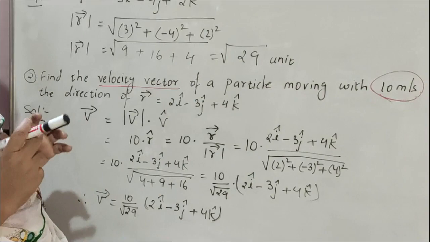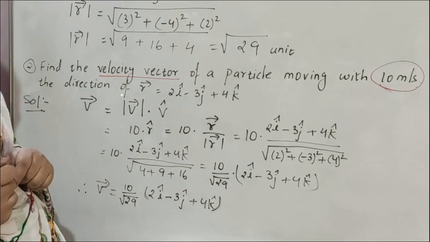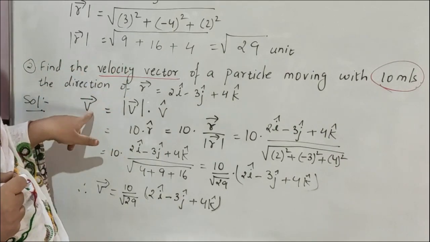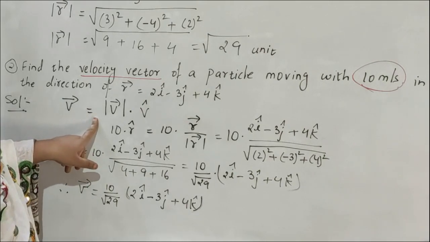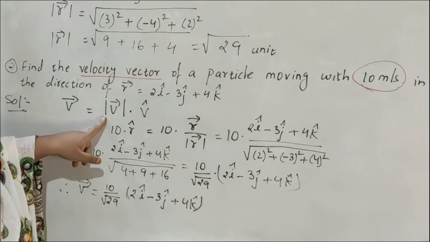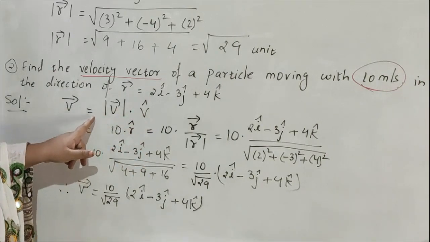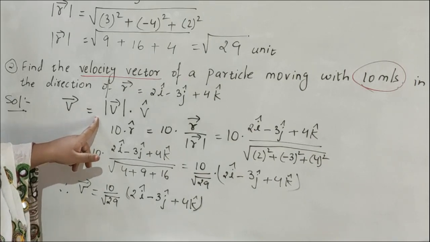Its direction is in the direction of r vector. What you have to find? Velocity vector, v vector. What is the formula? Magnitude into direction. It is a vector, so it must have magnitude and direction.